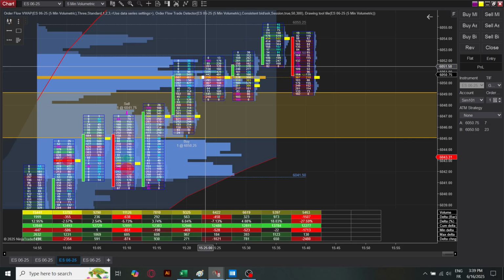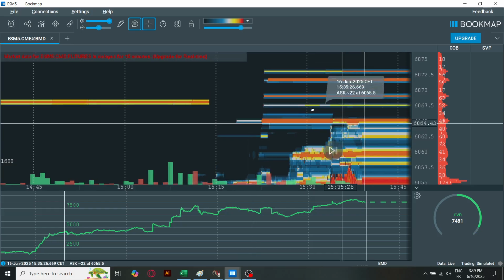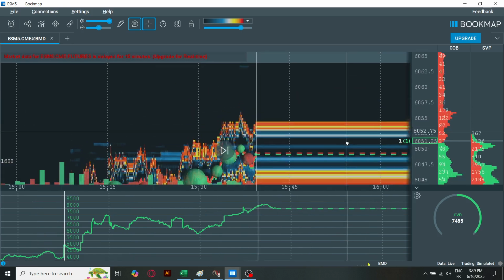But price is not going down, and this is a clear signal of buyers' absorption. So buyers are clearly absorbing them. There is nothing in the book.